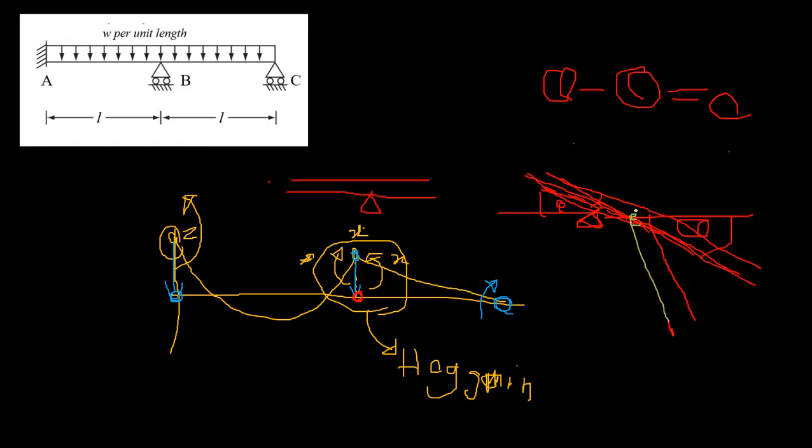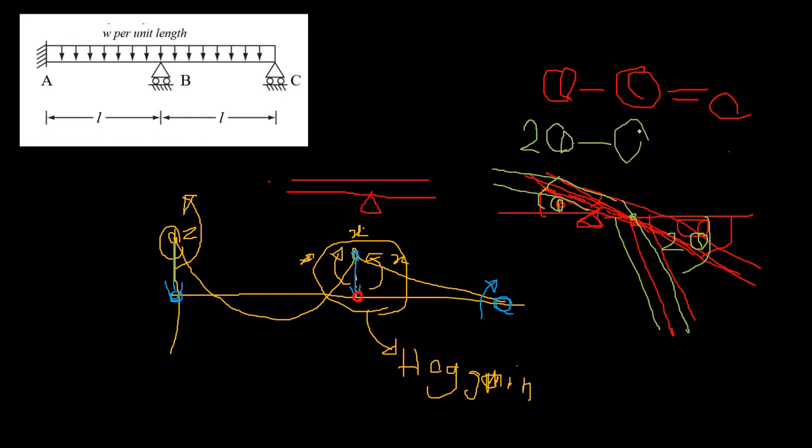If a hinge is there, it can rotate separately. Maybe this part like this, maybe this part like this. So it is 2 theta, and here it is theta. So the relative rotation is 2 theta minus theta, which is theta.